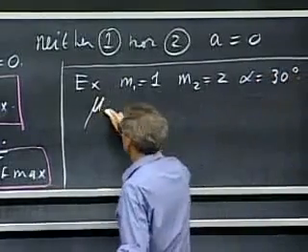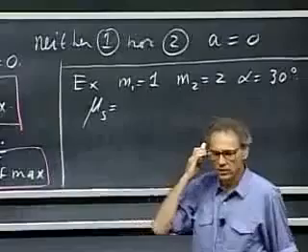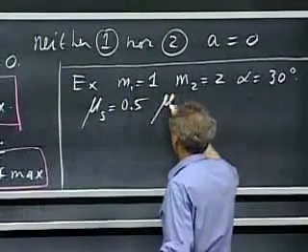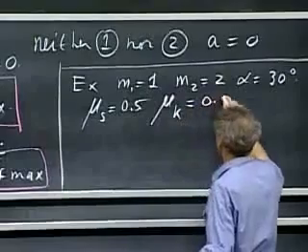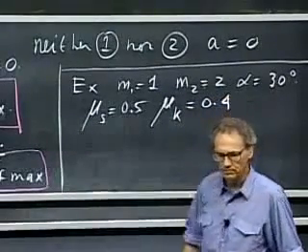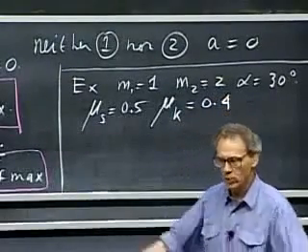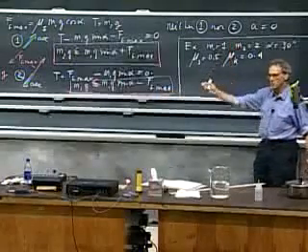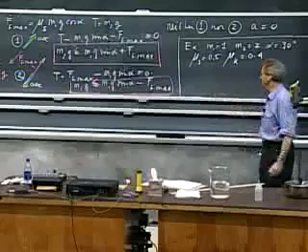I take a static friction coefficient, which is 0.5, and I take a kinetic friction coefficient, which is a little less, which is 0.4. The question is now, is it going accelerated uphill, or accelerated downhill, or no acceleration at all?